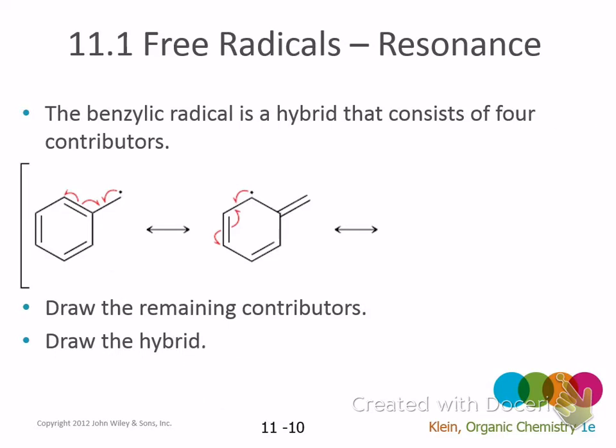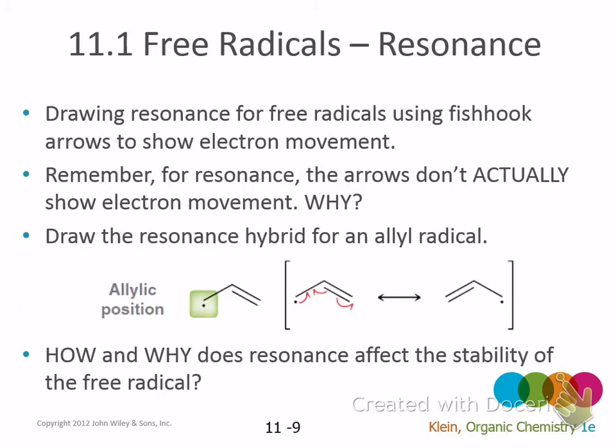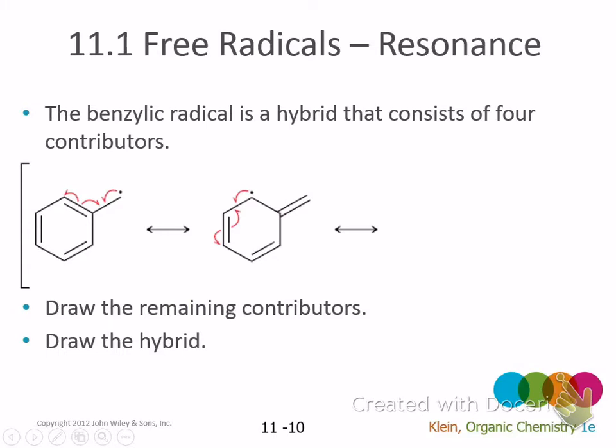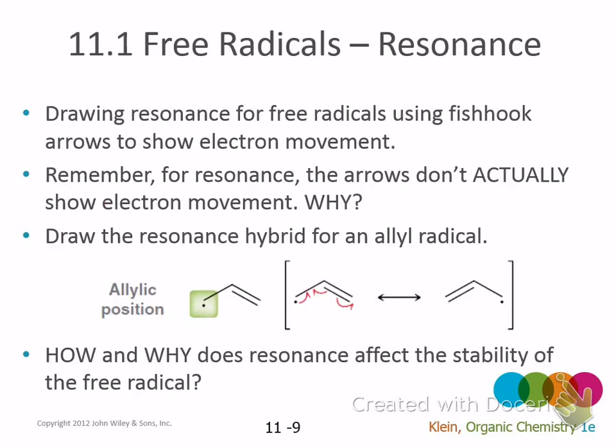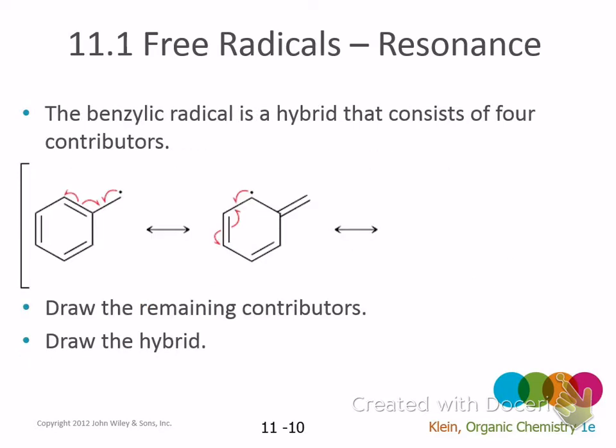If you look at this one before, it would just be something like this, and a dot. So it's a radical electron distributed through the pi system on that structure.